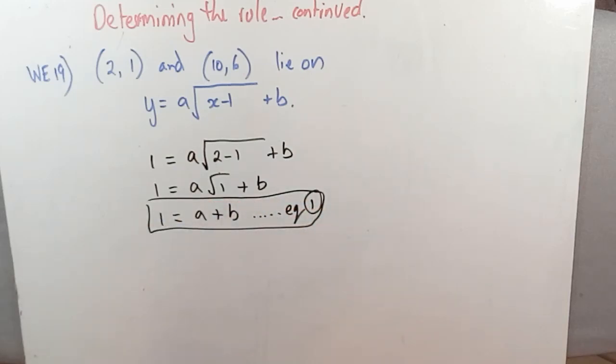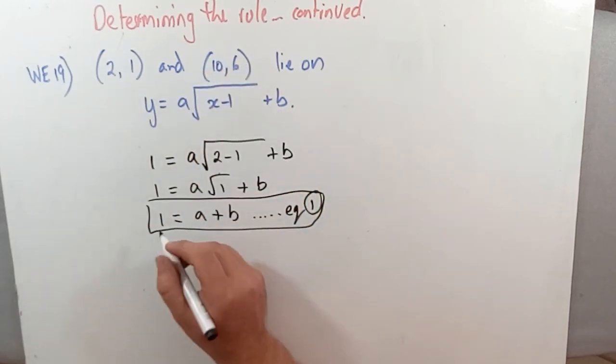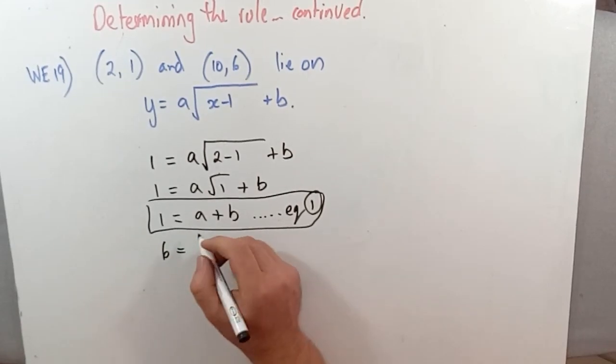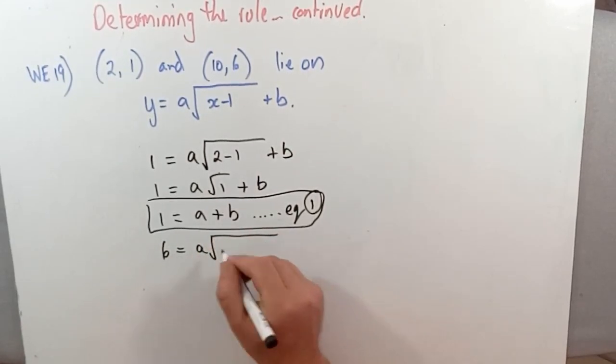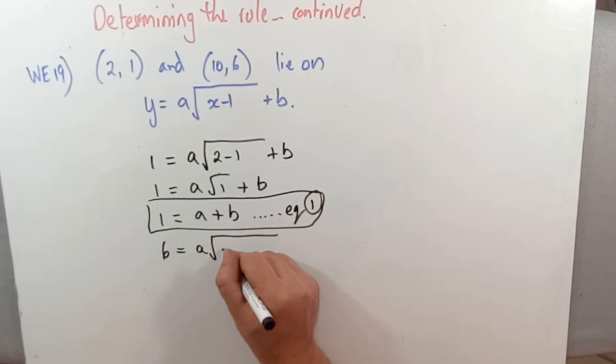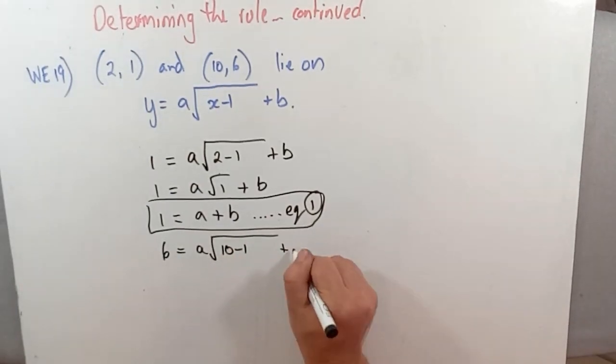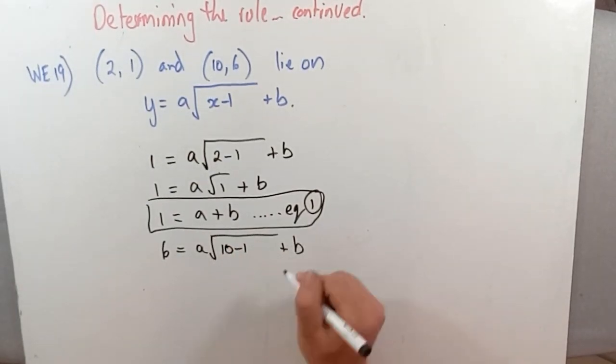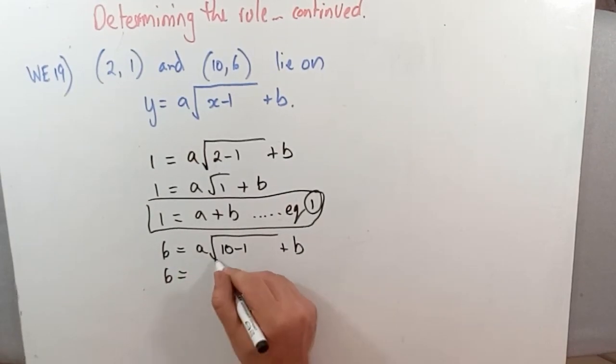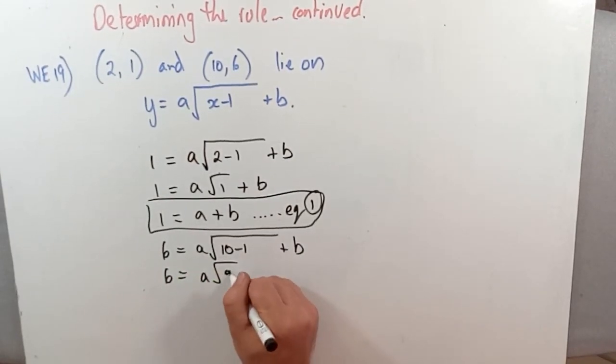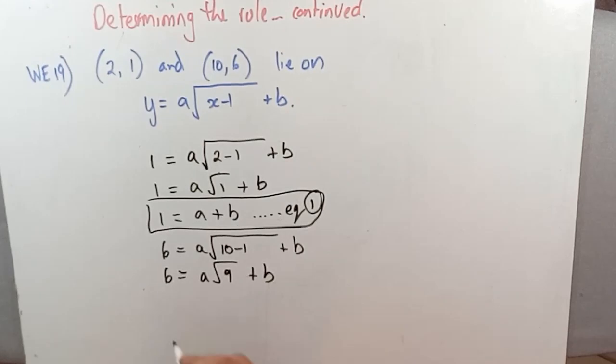Now let's do (10, 6). So I get 6 is equal to a times the square root of (10 minus 1) plus b. So 6 is equal to a root 9 plus b, which is 3a plus b. This is my equation 2.